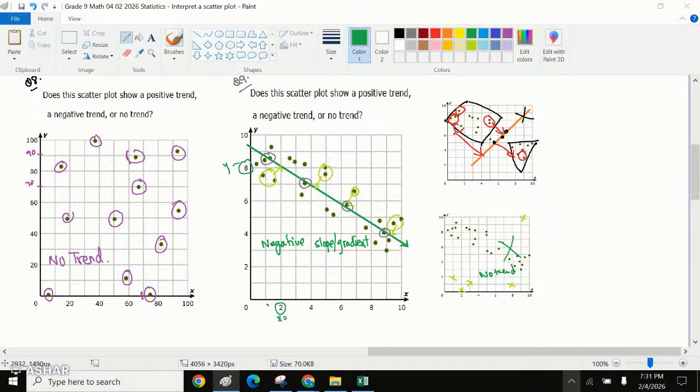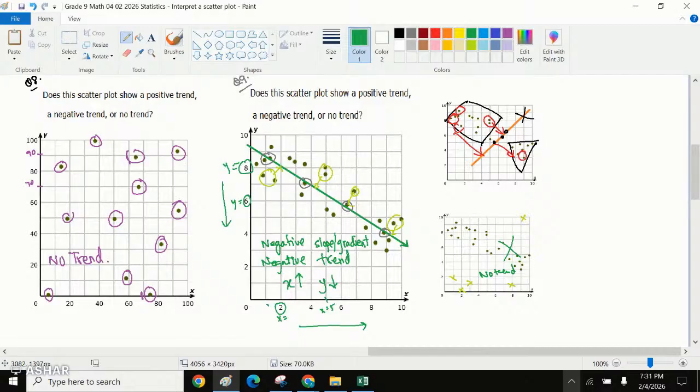X was 2 when y was 6, x becomes somewhere around 5. What is happening? Y is decreasing, but x is increasing. So the negative slope or gradient says it has a negative correlation or a negative trend. That means if X is increasing, Y has to decrease.